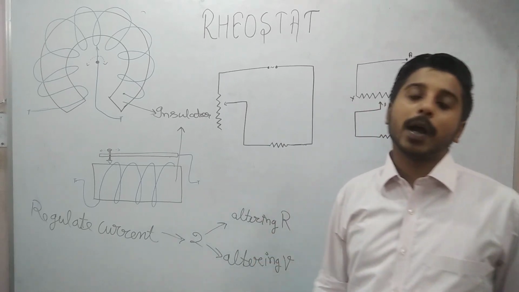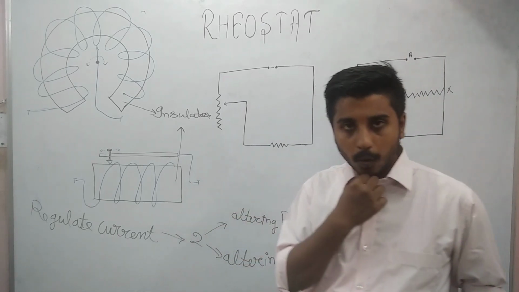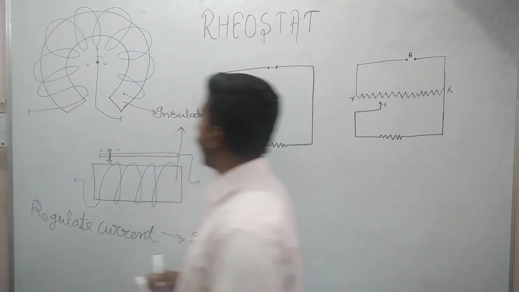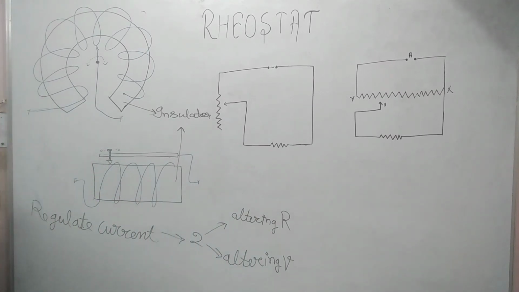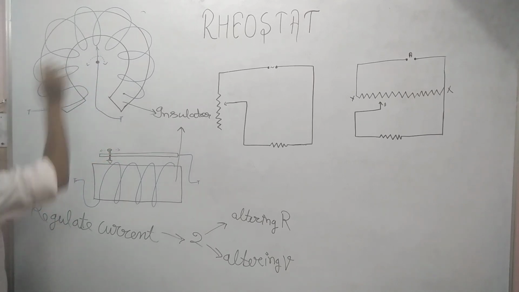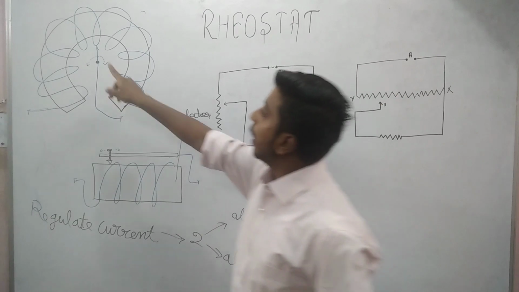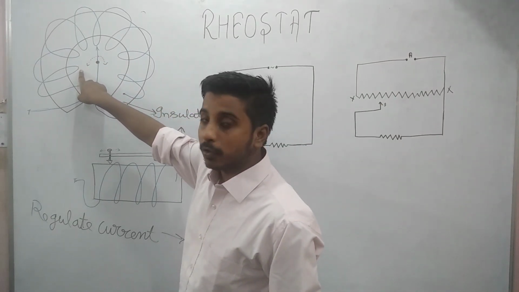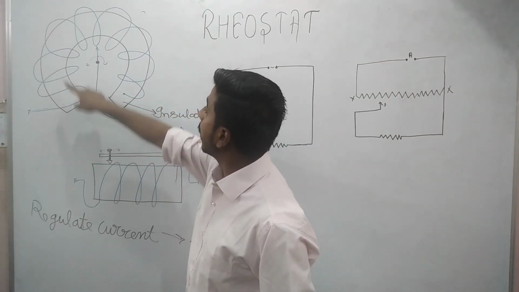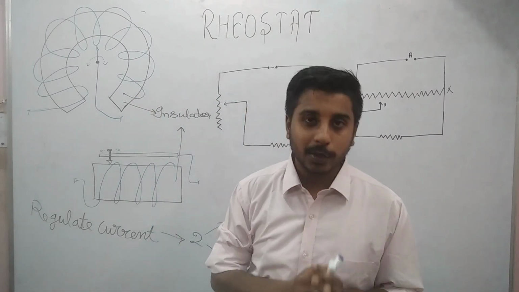Now one end is connected to the circuit from here, and the other end we can change. How can we change the attachment of rheostat? I can use only this much part of rheostat, or I can use from here to here, the complete part of rheostat.